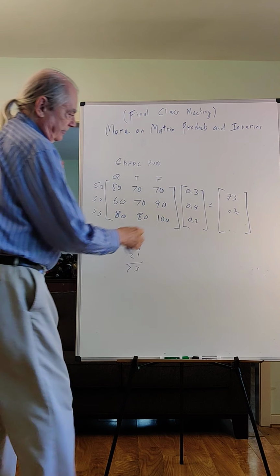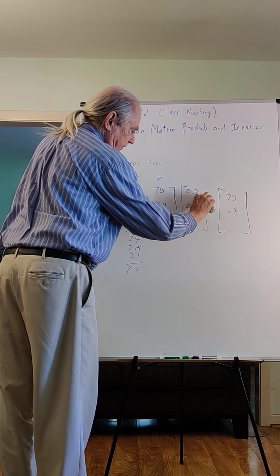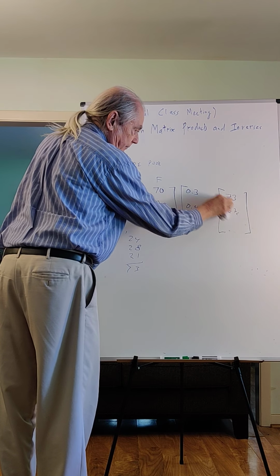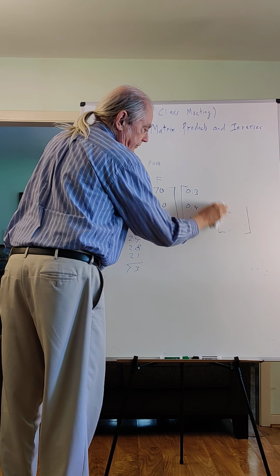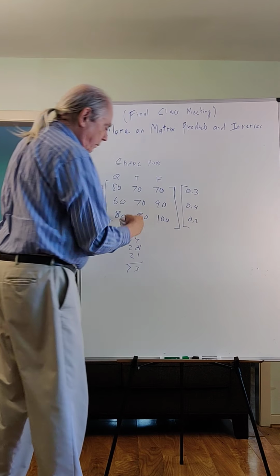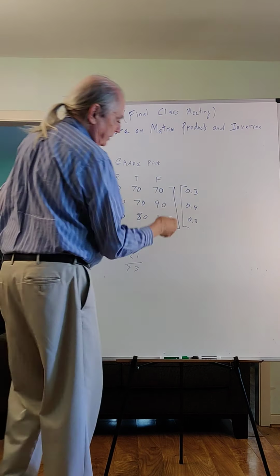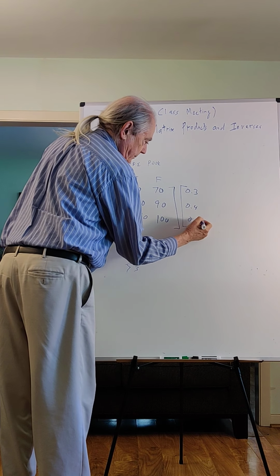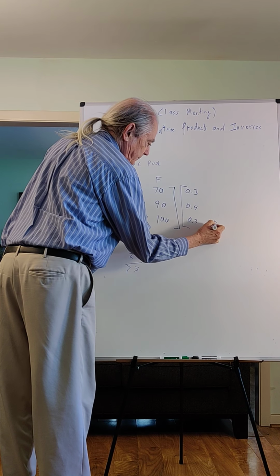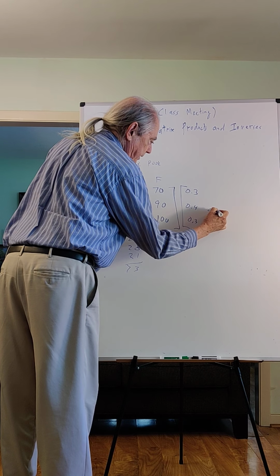Now, I don't know if I could do it this semester because the final exam is not proctored, but I sometimes allow students to assign more weight to the final exam. So I could adjust these weights like this, for example. I could make this 0.5 and 0.3 and 0.2.